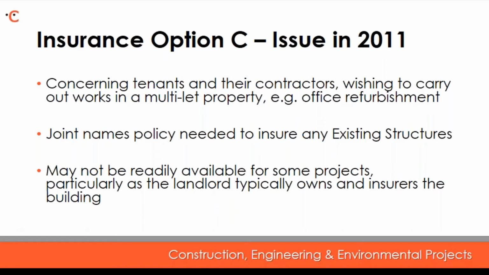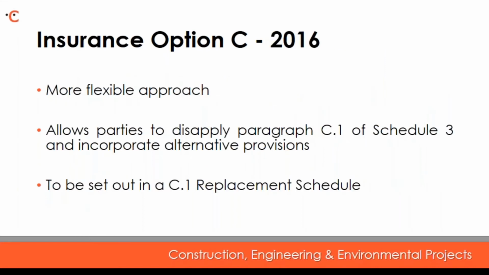This was the problem that we faced back in 2011, and now we see how they have sought to deal with that issue in JCT 2016. What we've got now is, as I've said, a more flexible approach. It's going to allow the parties to disapply paragraph C1 of Schedule 3 and incorporate their own alternative provisions.